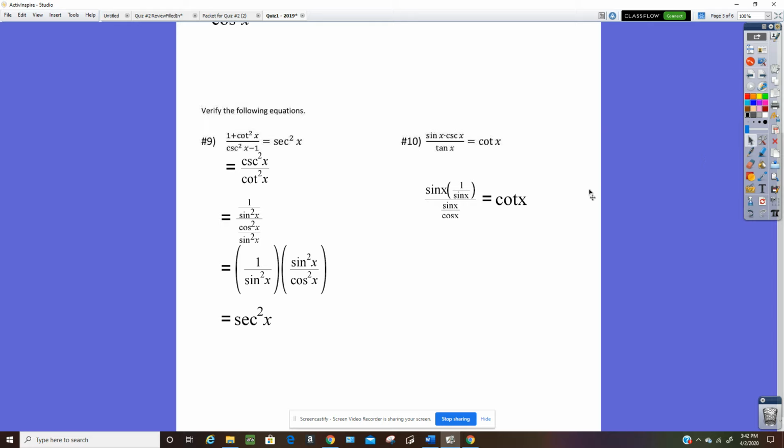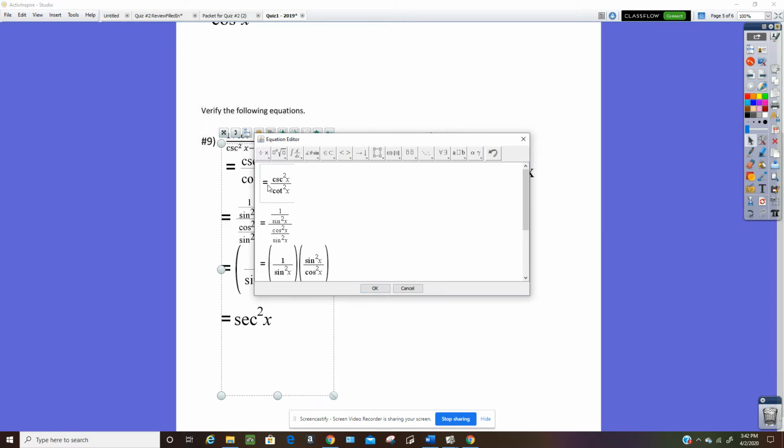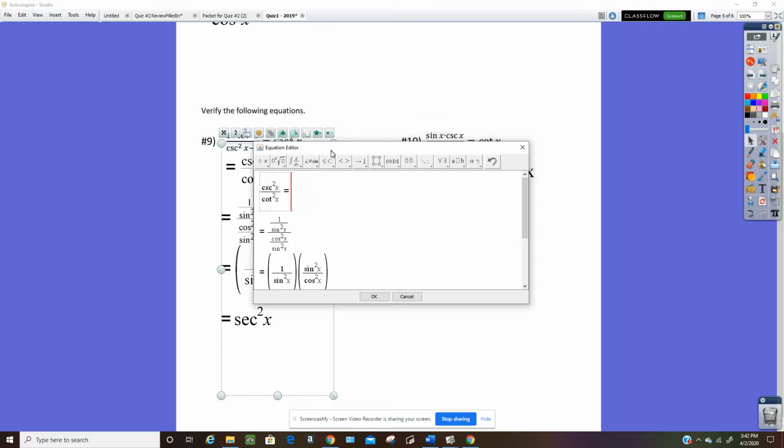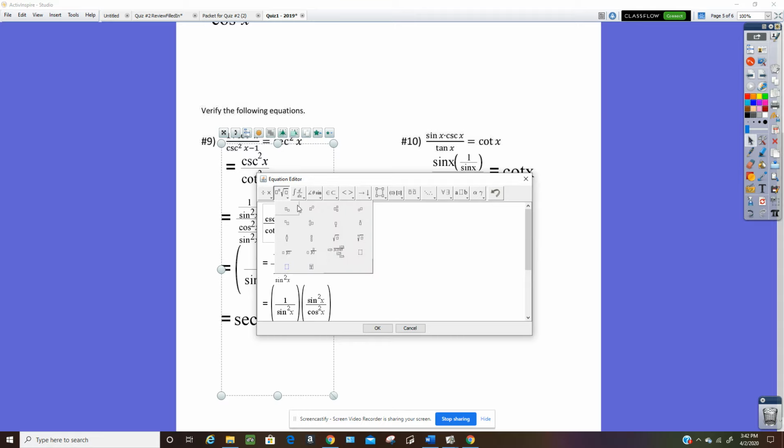Let me fix this one over here, because you should all be questioning whether this is equal to secant squared x. So does this equal secant squared x?